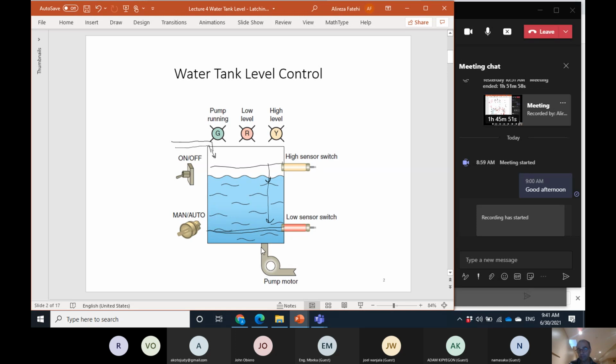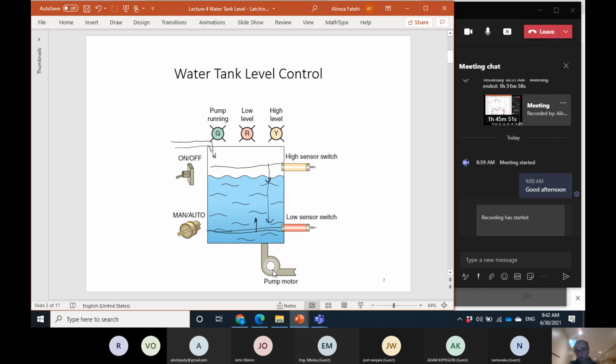When the pump turns off, we still have water in the tank. We don't know how much, and we don't have any control over that, but we know it is there. Since we have inlet flow to the tank, the level increases.